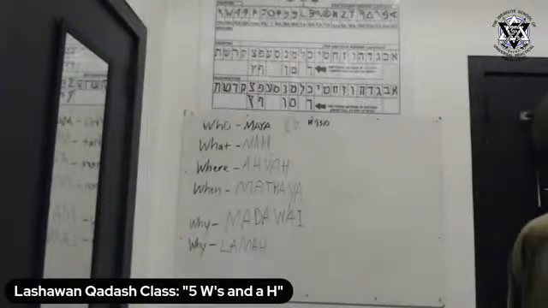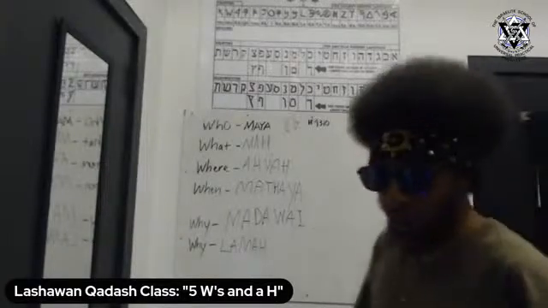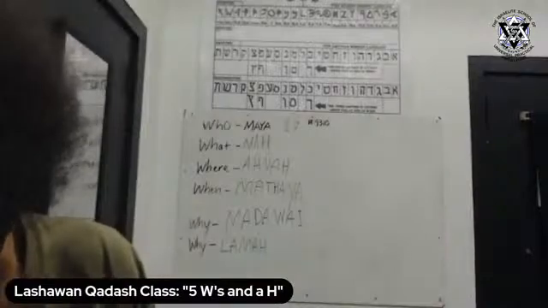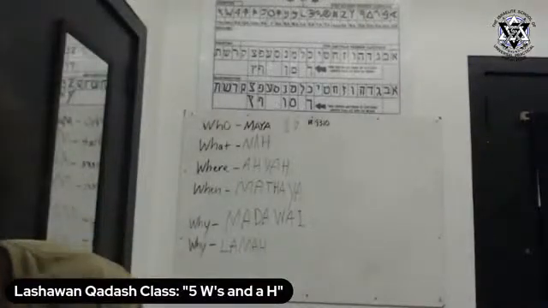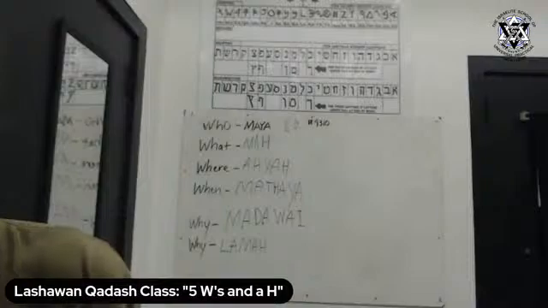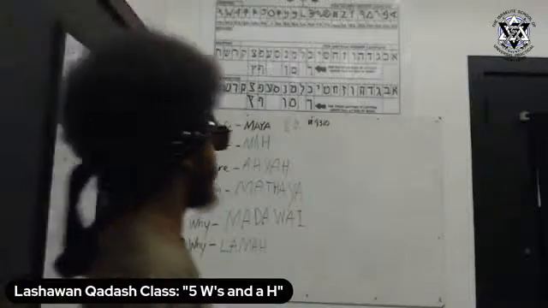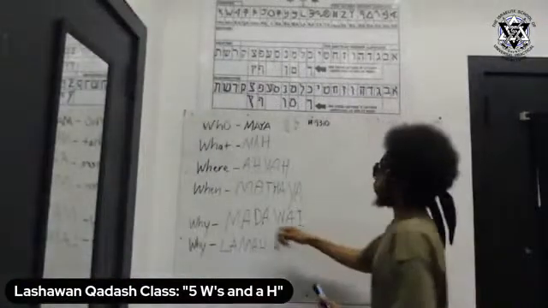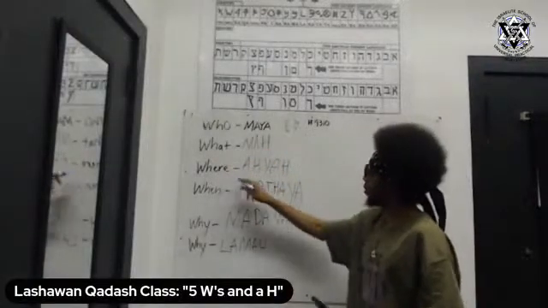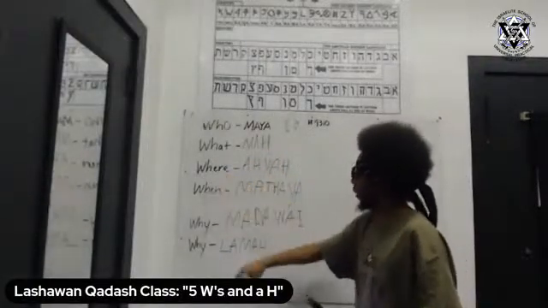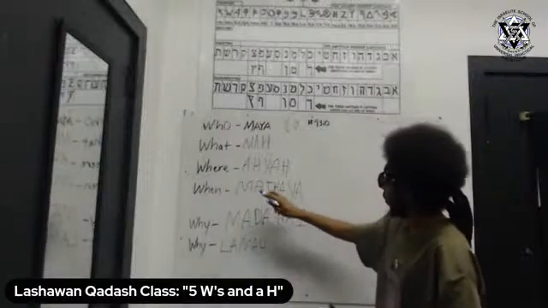Let me do this real quick. I'm going to separate these words so everybody can understand. I don't want nobody to get confused. So ma by itself is a word, which is what? A yeah, is that, when, mother yeah.